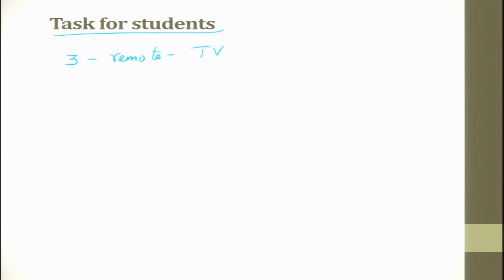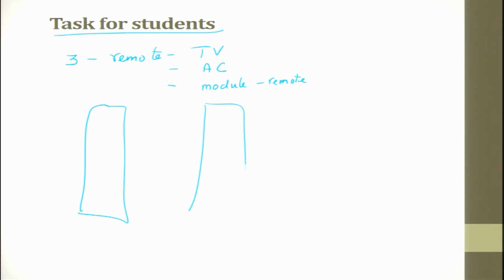It can be a TV remote, it can be an AC remote, it can be any other remote. So, this can be a module remote. You will have 3 remotes. So, you try to take the 3 remotes and try to critically analyze.